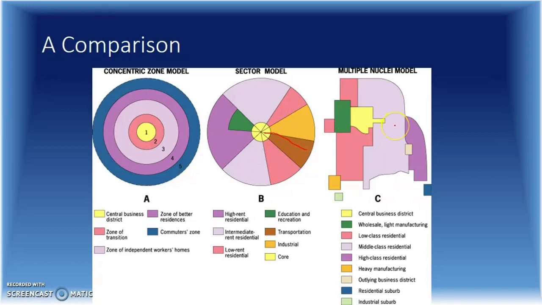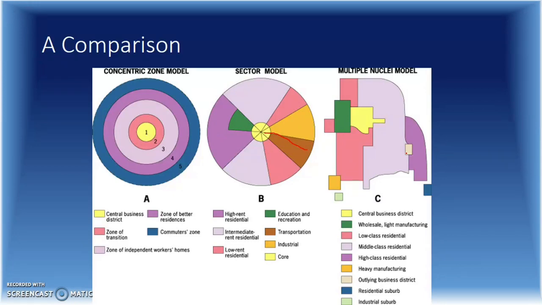And then we have the multiple nuclei model, more similar to the sector model in that it's going to require some transportation, but we have these nodes instead of just the central business district as our node. We have several nodes that exist, and then the residential activities are going to take place around those various nuclei. Again, giving them separation, but also giving them accessibility to the different types of activities.